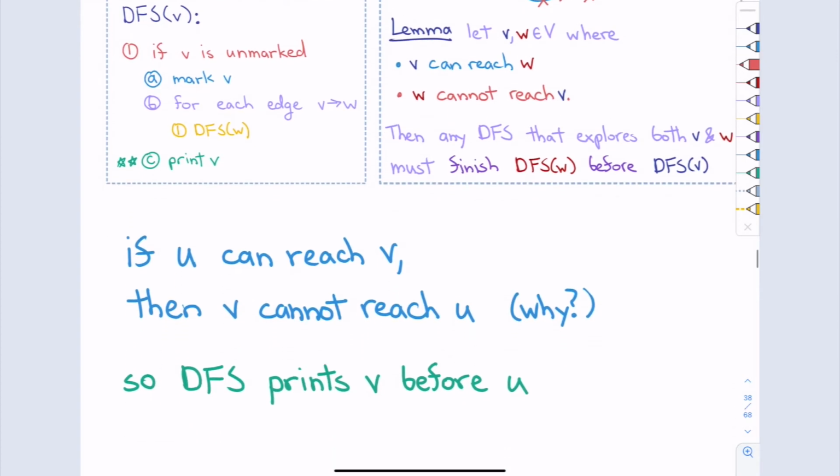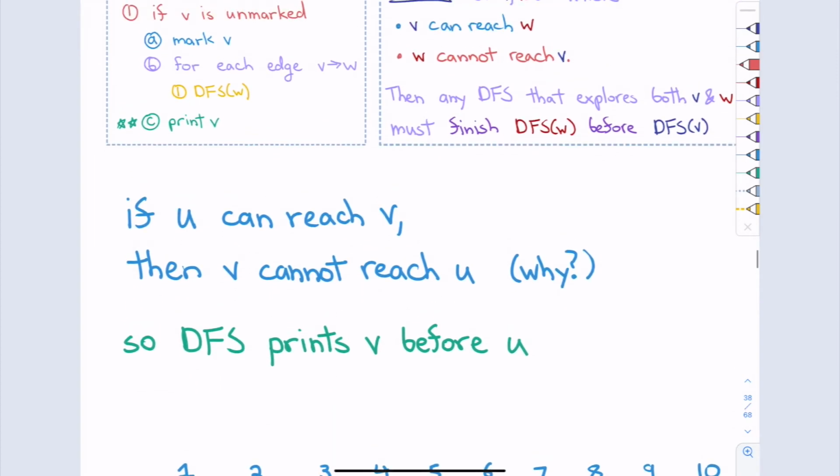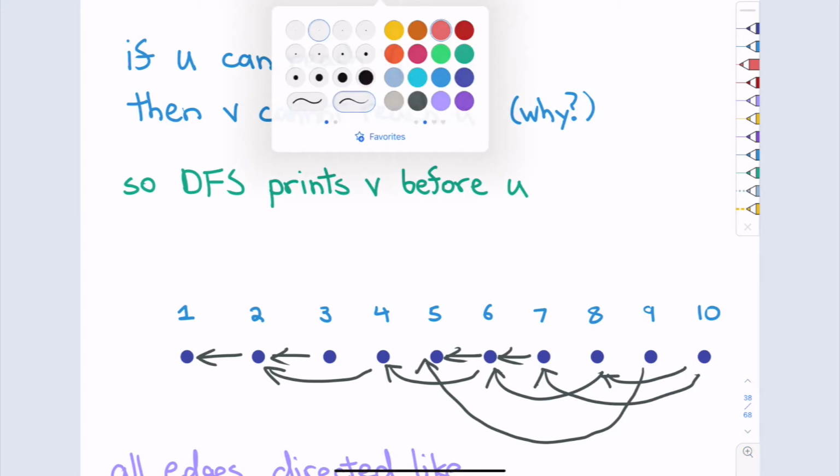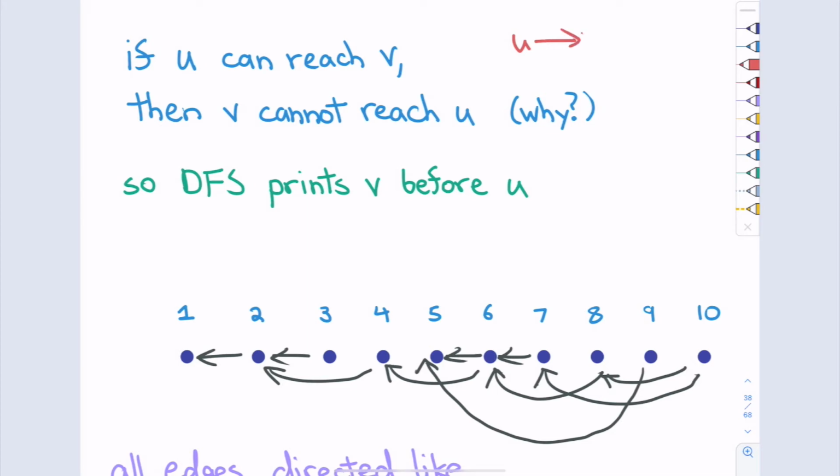So every time U can reach V, that automatically means V is printed before U. In particular, if there's an edge from U to V, then V is printed before U. So if I print out all these vertices, all the edges have to go to the left in a DAG.